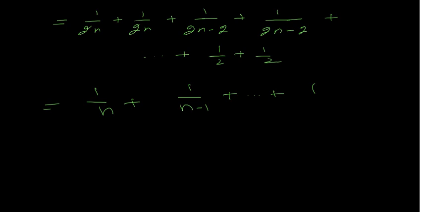So that means it's actually 1 plus 1 by 2 plus 1 plus 1 by n. That's the variation.